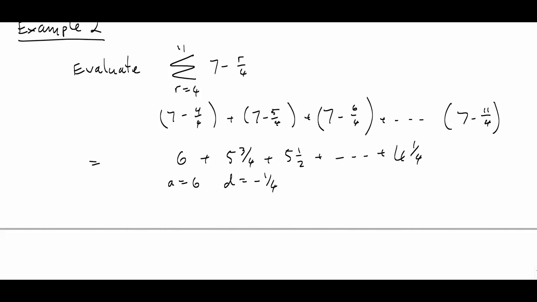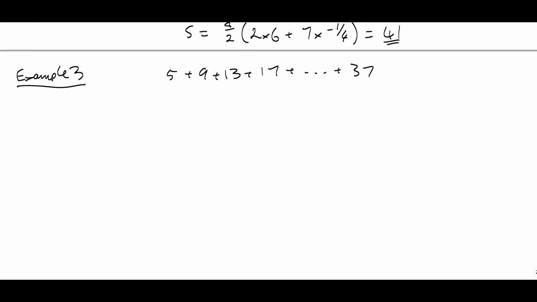But I start at 4, so I don't have 1, 2 and 3. So that's only 3 terms missing. So we should say 11 minus 3 is 8. N equals 8. So S equals 8 over 2, 2 times a, 2 times 6, plus n minus 1, which is 7 times minus a quarter. And that equals 41.